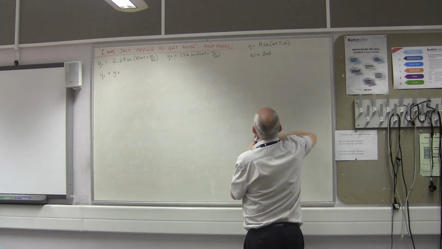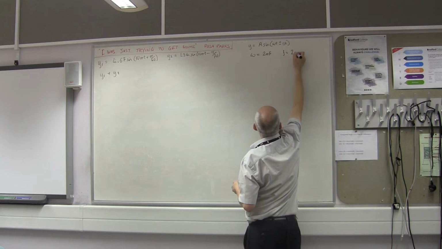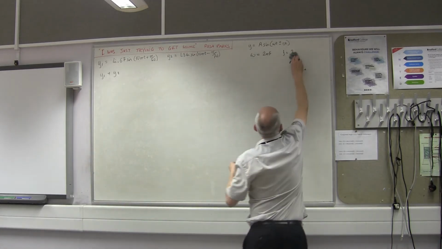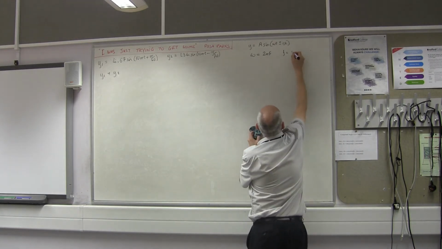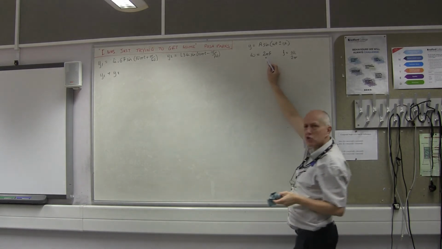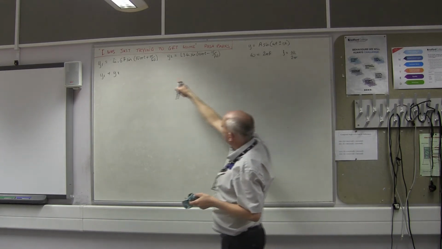So we need to rearrange this, so therefore the frequency is 2 pi, no it's not, it is omega divided by 2 pi. So that's just that rearranged. And our omega is this value 10 pi.